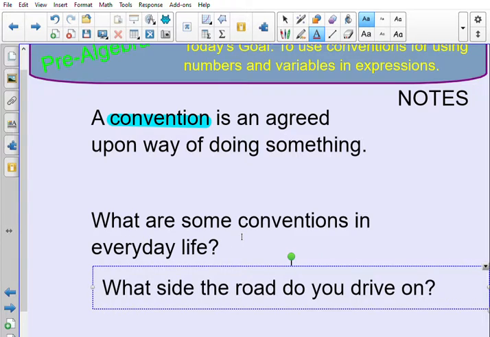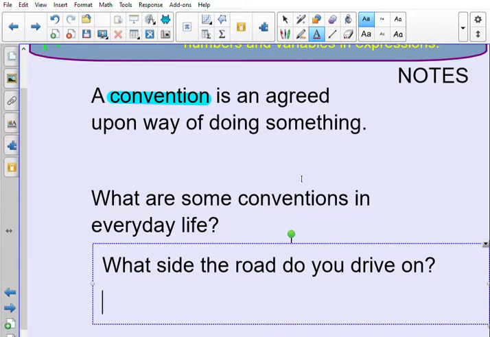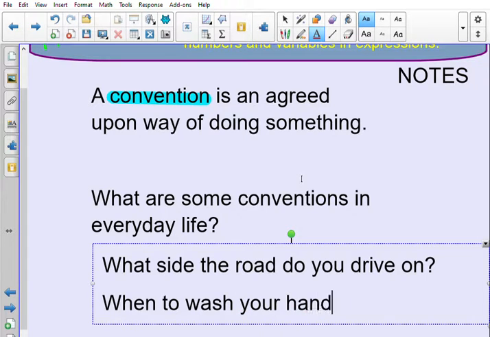Just some basic things that are everyday life, and it's agreed upon way of doing something. You could also state when to wash your hands would be another one. That would be something to think about as a convention that is agreed upon for life.